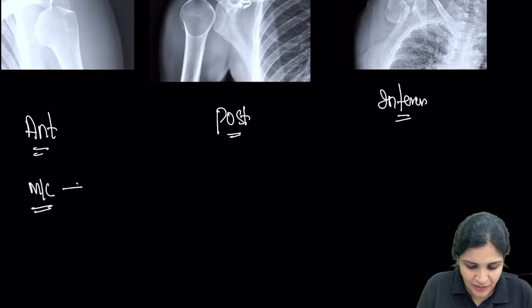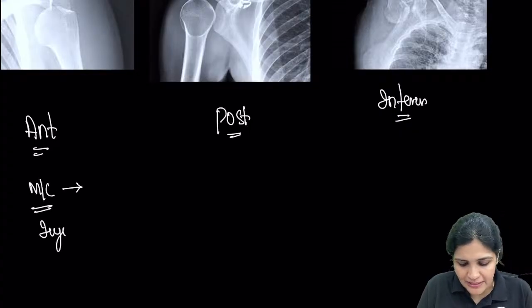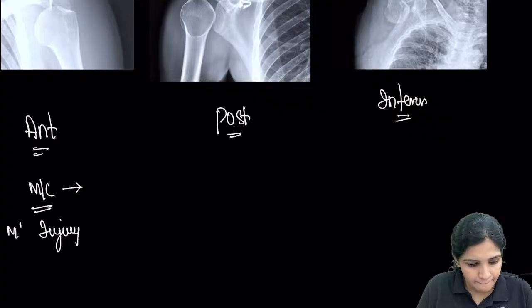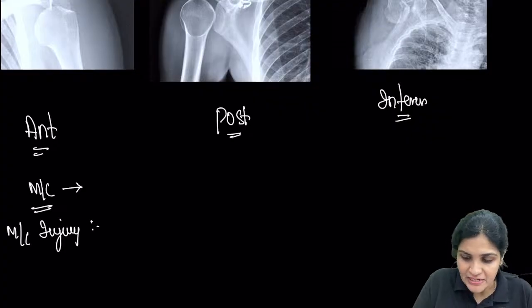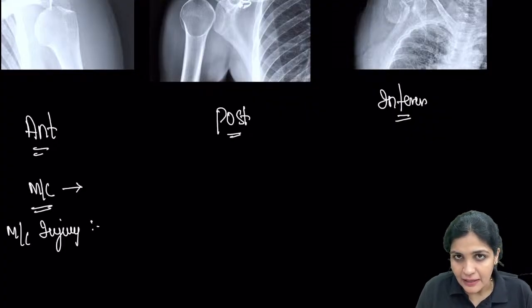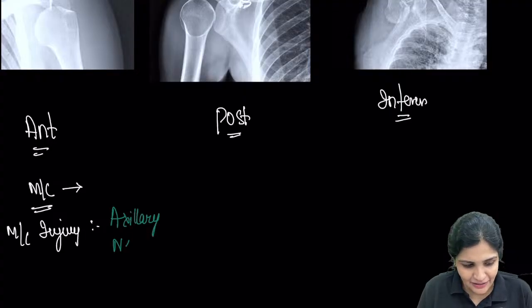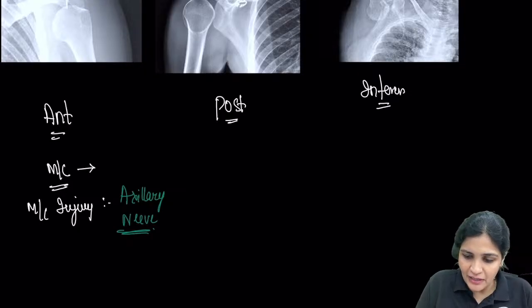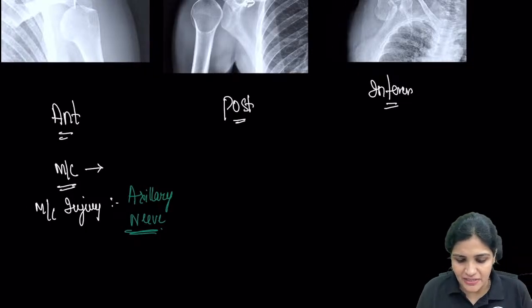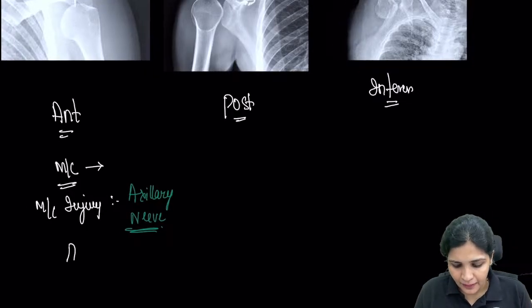Anterior. Yes, very good. What is the most common injury in anterior shoulder dislocation? We have discussed it. Axillary nerve. Yes, very good. And what is the mechanism of injury? How do patients get injured in anterior shoulder dislocation?